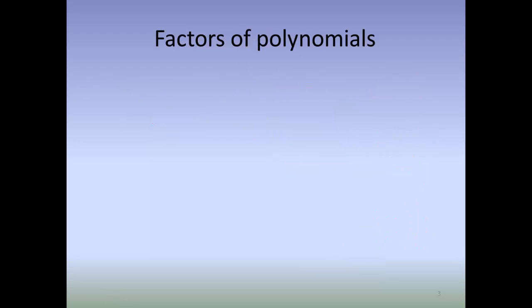Now before we talk about factors of polynomials, let's go back to some grade school and talk about factors of other things. Let's talk about factors of 18. So factors of 18 are 1 and 18, 2 and 9, 3 and 6. These are the pairs of numbers multiplied together equal 18.